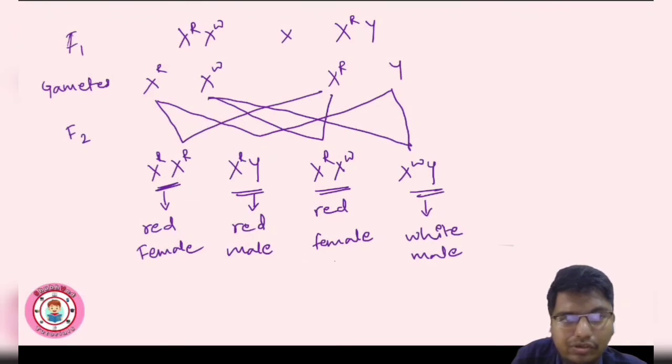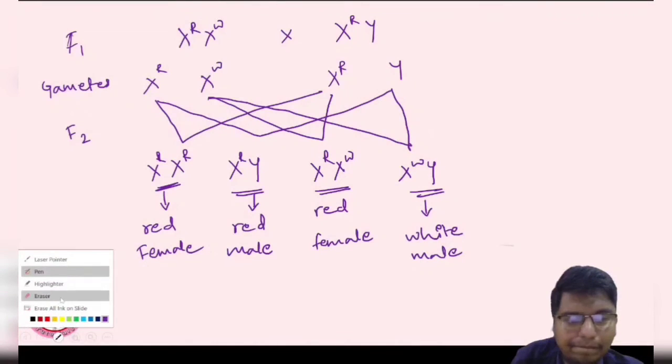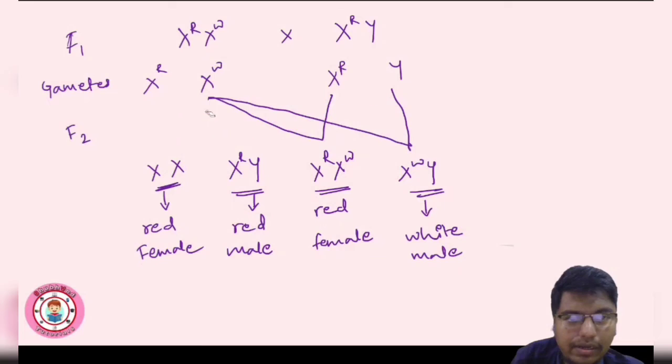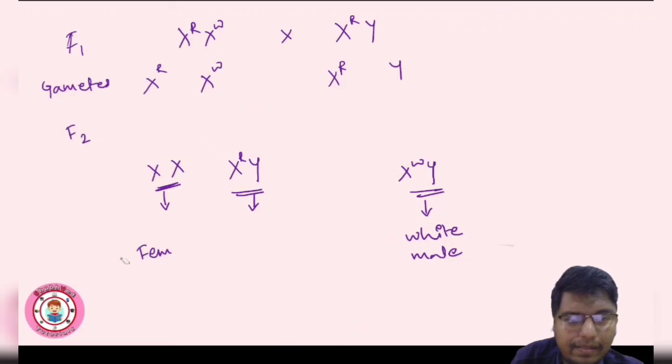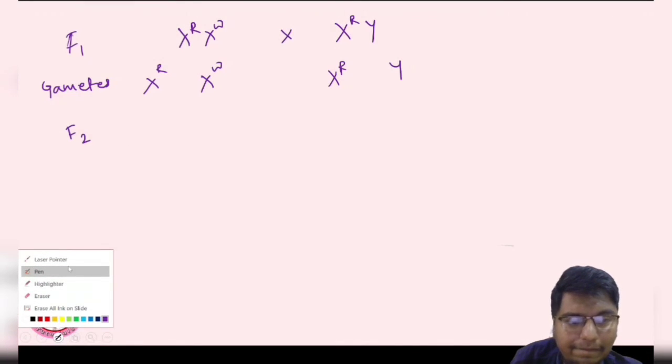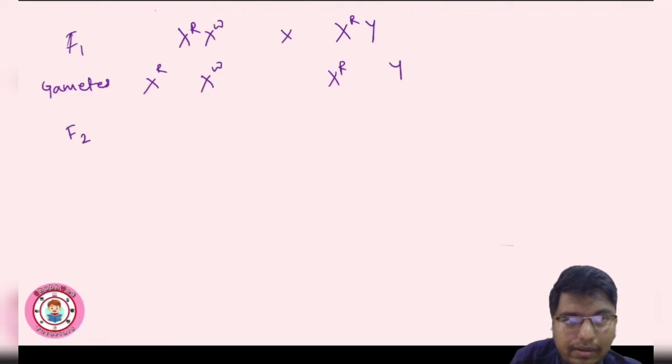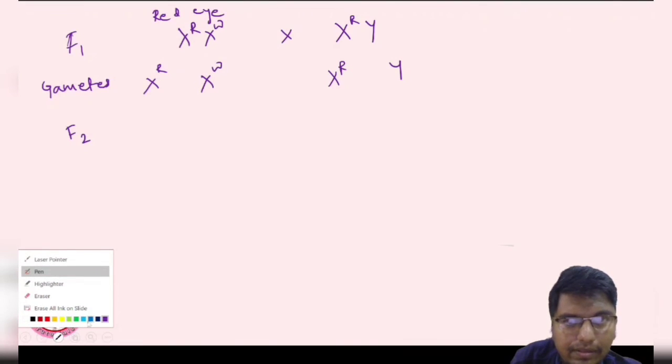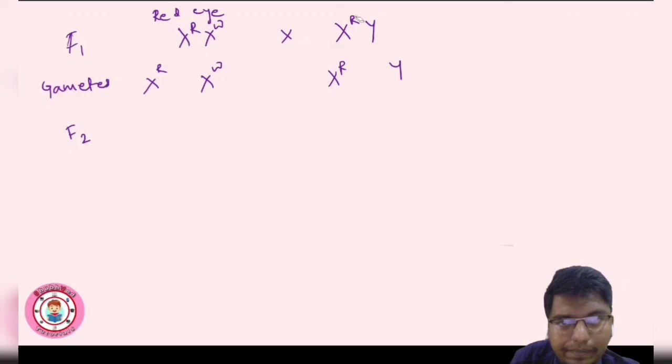Now we will work out the F2 ratio with this. Let me erase this. It is better to erase all to show it much more clearly, because the F2 cross is a little bit confusing, not much, but still it is easier. So we know the female is red eye, and I will write down the phenotype here, red eye, and this is the white-eye male.